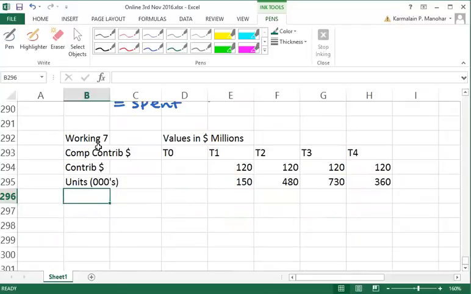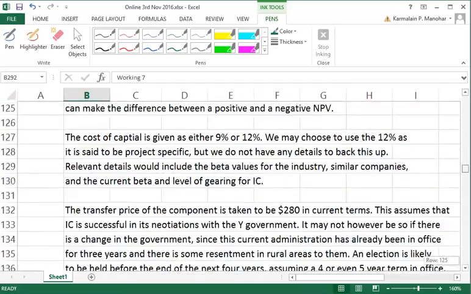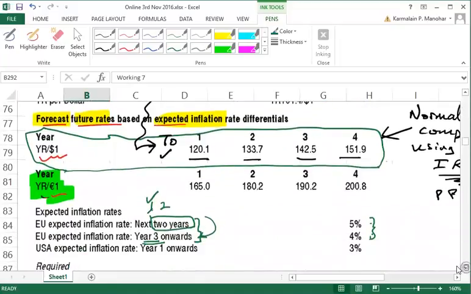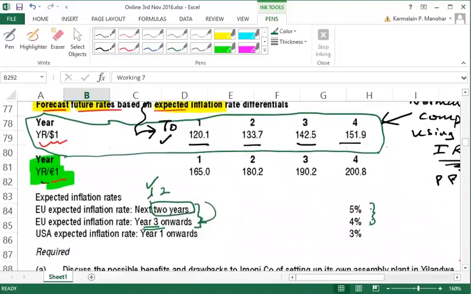Oh, I have to inflate it. Inflation in the US. So what was my US inflation? Can somebody tell me? Straight up to the end, we have the question. We were told expected inflation rates in the USA is only going to be held at 3%.